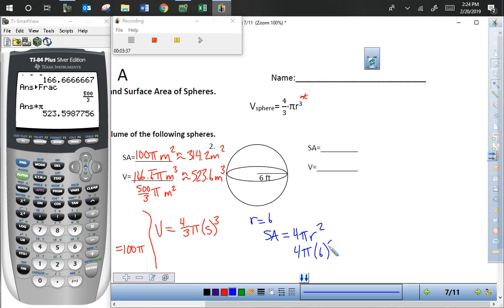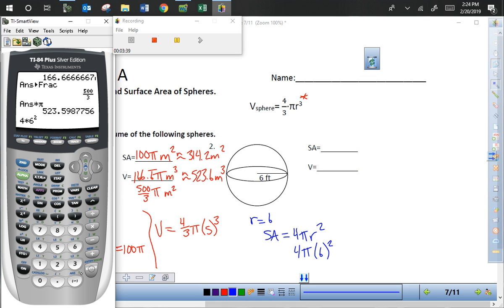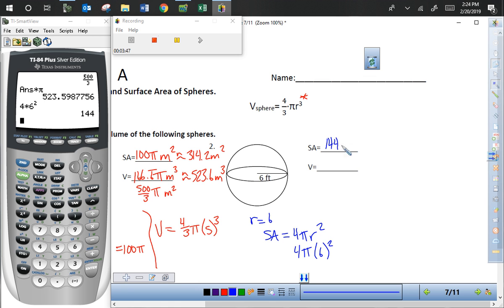If you want to go ahead and call that 36, you can, but we're taking 4 times 6 squared, which is 144. Pi goes on the end. The label for area is always squared, so we've got feet squared. Multiply that by pi and we'll get our decimal, 452.4 feet squared.